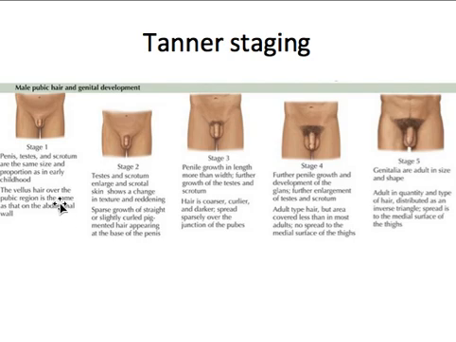Mostly it's characterized by different lengths of your penis, as well as the amount of pubic hair, the degree of size of your testicles, as well as the pigmentation and corrugation of your scrotum. So you can actually grade the physical characteristics of your patient's genitalia.